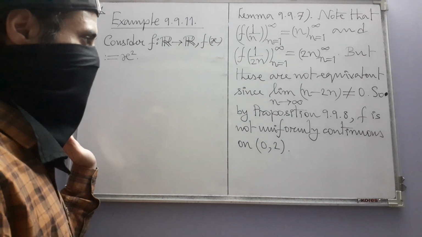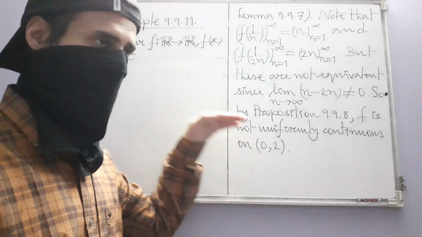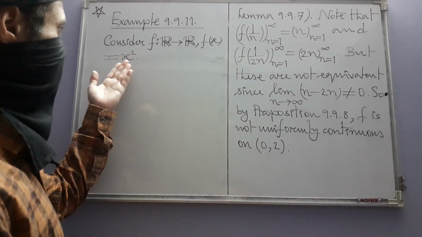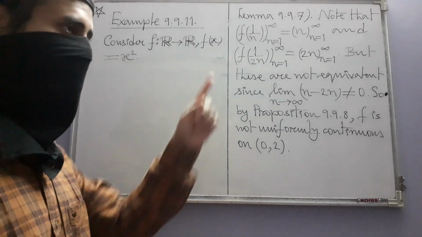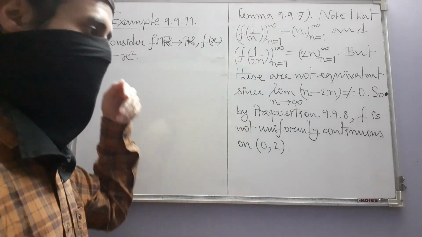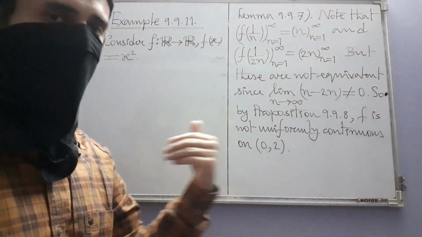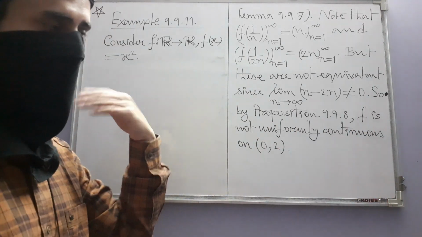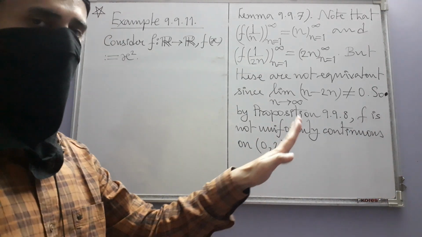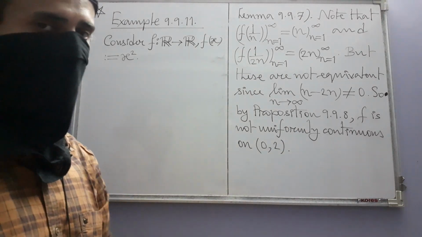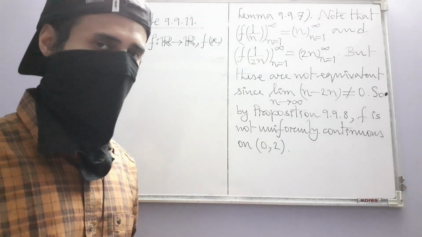As you go far away from 0 in this case, you of course know what the graph of this function is. It's the parabola. So as you go far away from 0, either on this side or on that side, the status of continuity gets more and more problematic.